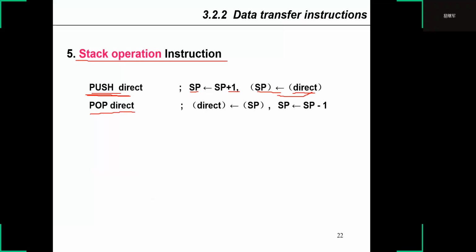When we read from the stack, the data in the stack moves to the address, and the stack pointer is decreased by 1.